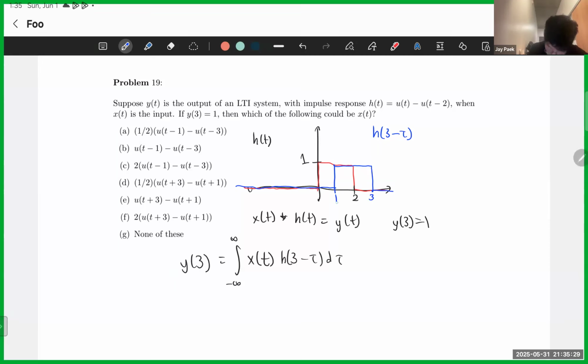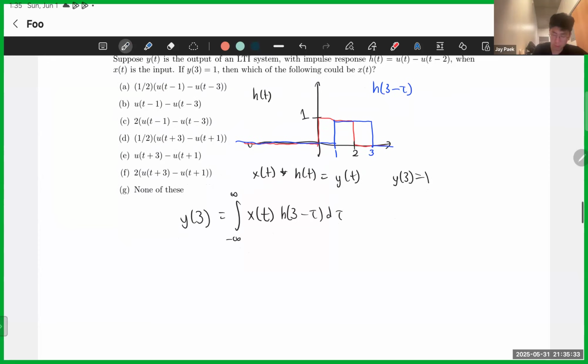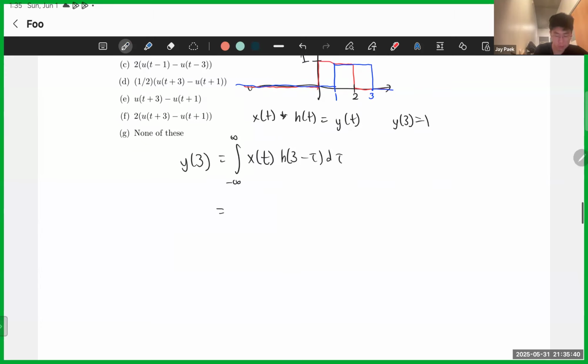This 3, this 1. And so now that we know that h of 3 minus tau is just a rect function from 1 to 3, this integral is extremely simplified. It's just x of tau integrated from 1 to 3, and this equals 1.